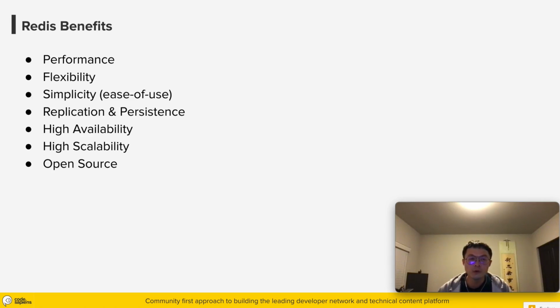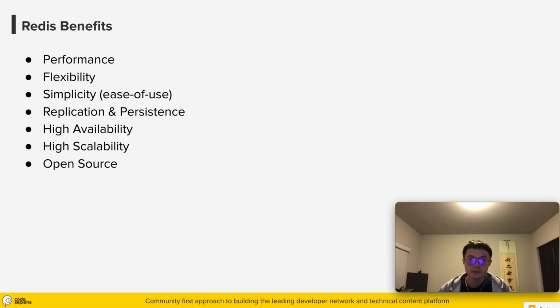So, what are the benefits of Redis? The first one I want to say is performance. All of the Redis data resides in memory, which enables low latency and high throughput data access. It's not like a traditional database. An in-memory data store does not require a trip to the disk, and in this case, it reduces the engine latency to microseconds.